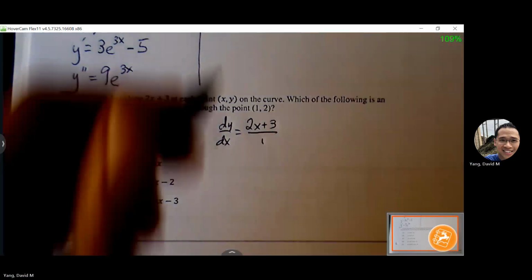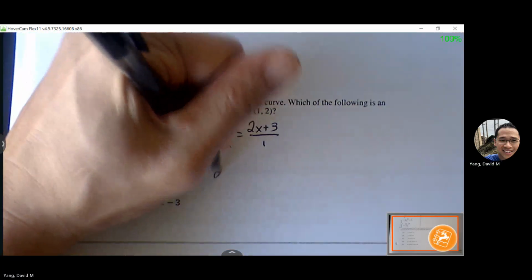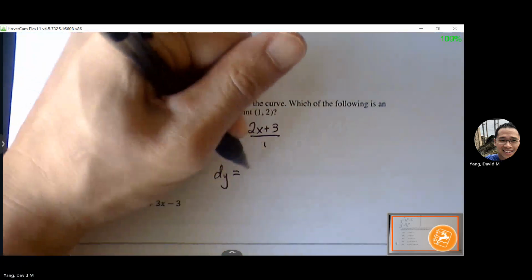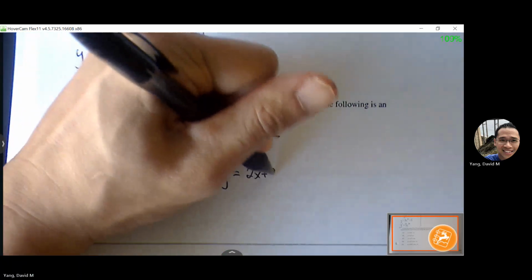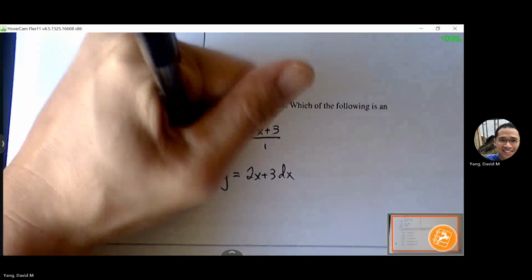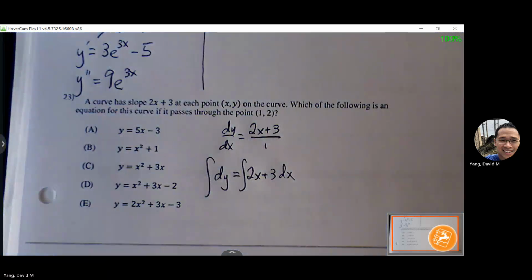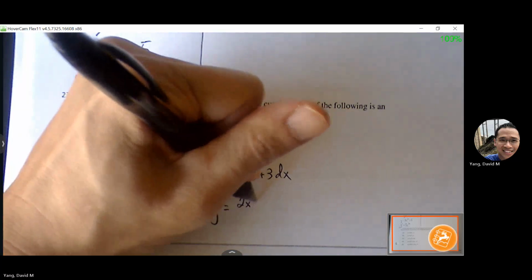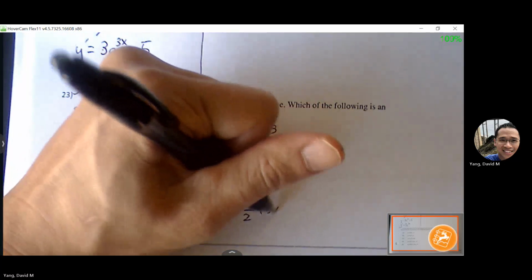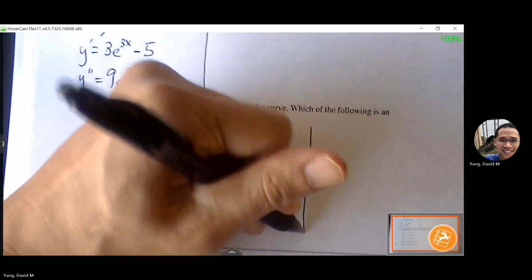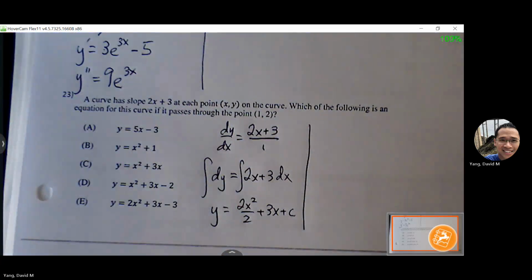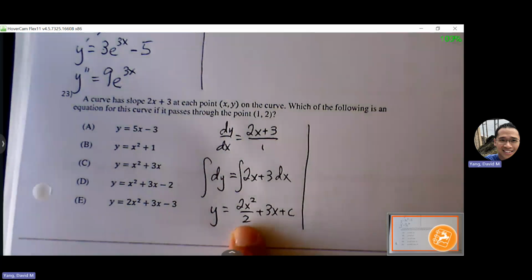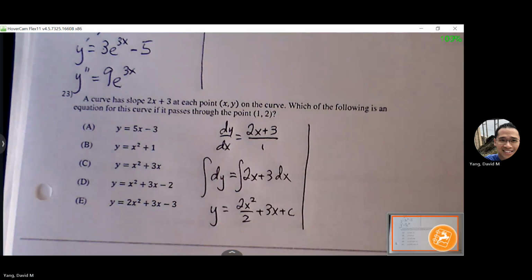So cross multiply here. Okay, plug in my ordered pair 1, 2.